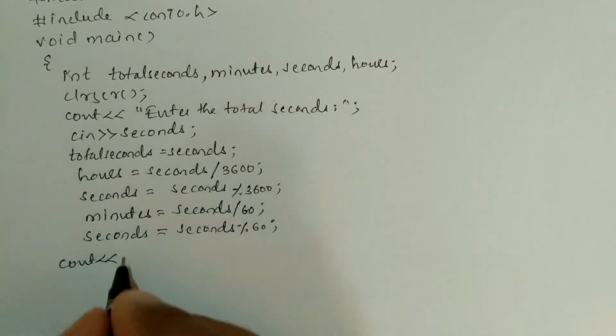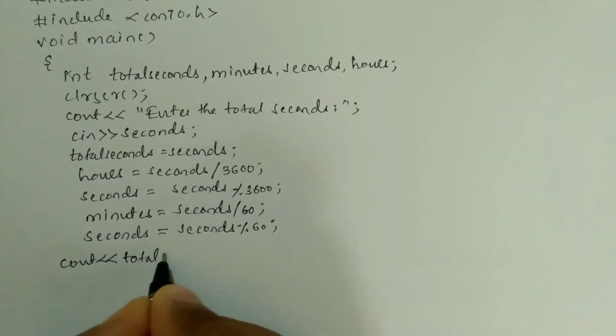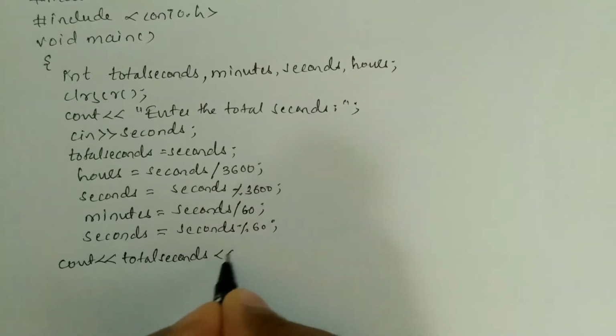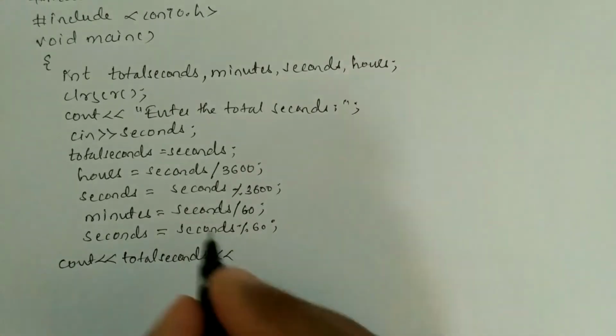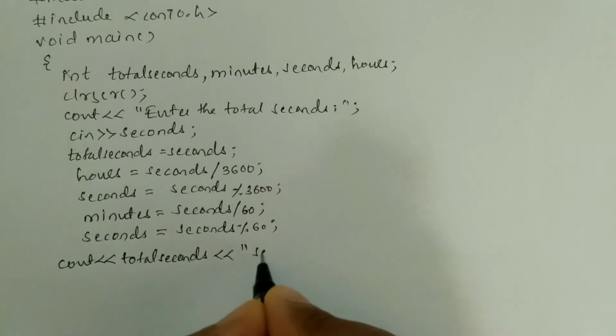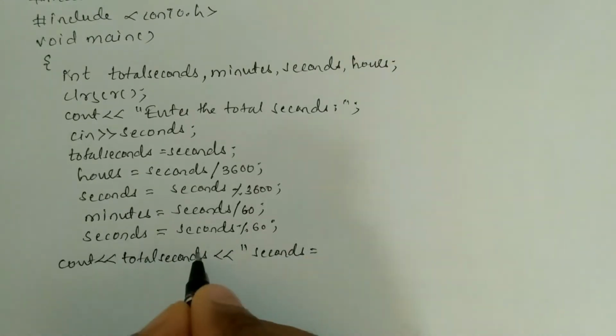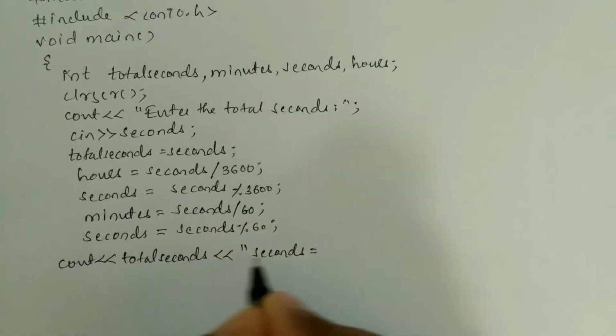Here I'm going to write total seconds. Here stream insertion operator, and then in a double quotation mark I'm going to write seconds is equal to, so it is going to display the value stored in this variable, and whatever we have written in a double quotation mark, it will be printed as it is.